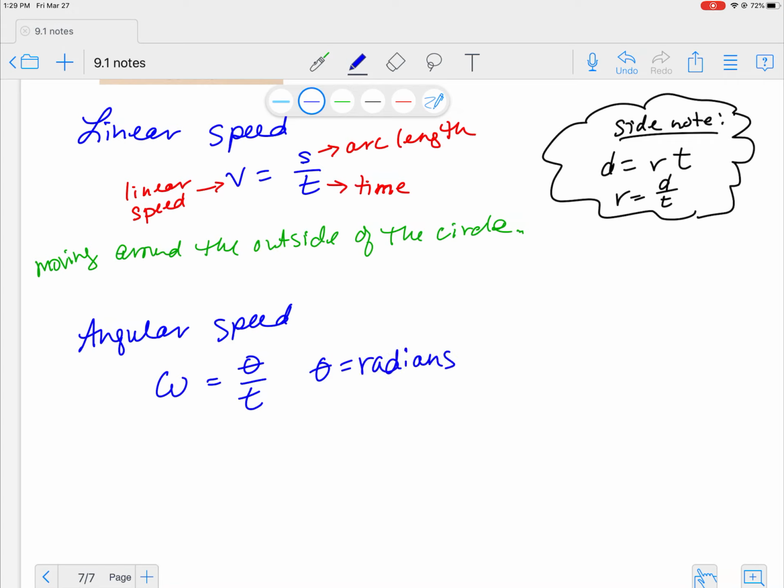Theta divided by T. And again, guess what theta is in terms of? Radians. So omega is that angle. Remember how I said at the beginning of this section, a lot of times we talk about things in terms of angles in Greek letters. Well, no difference here. So omega is going to be my angular speed.